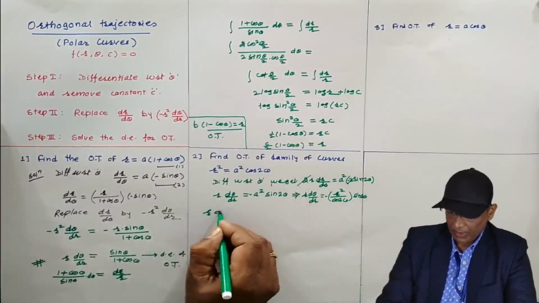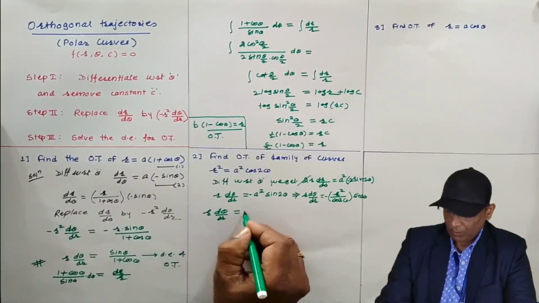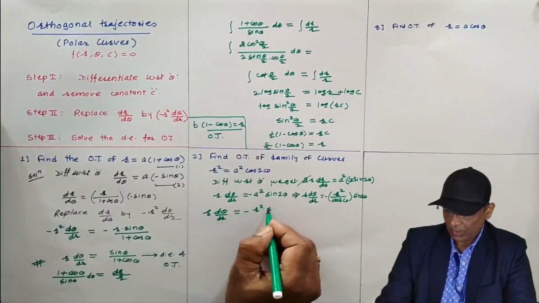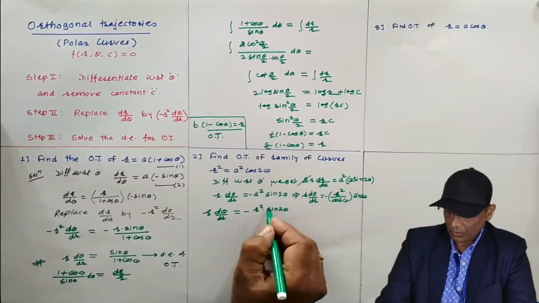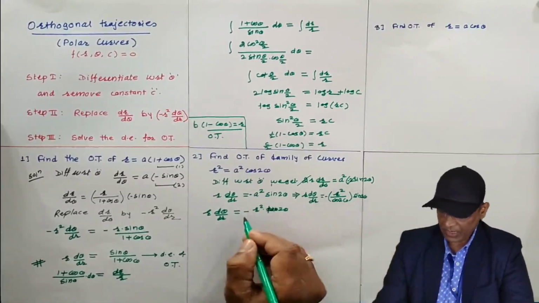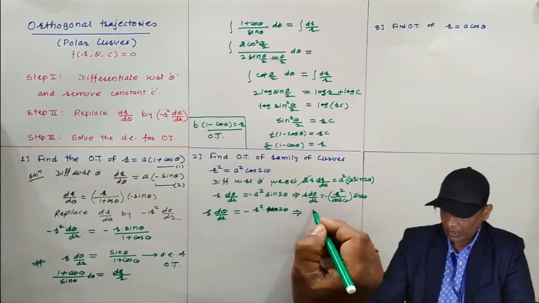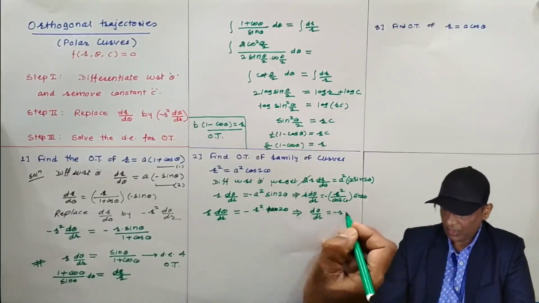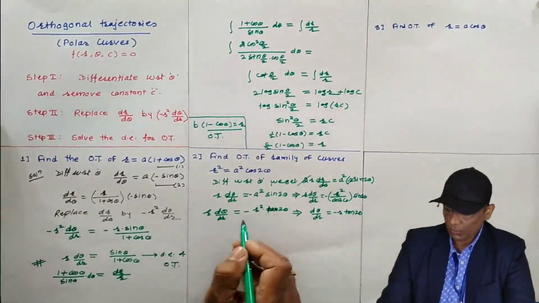Then r d theta by dr equals minus r square sine 2 theta, or you can write sine by cos as tan 2 theta also. Sine by cos is tan, minus sine as it is. And then one r gets cancelled. d theta by dr equals minus r tan 2 theta. One r has been removed.